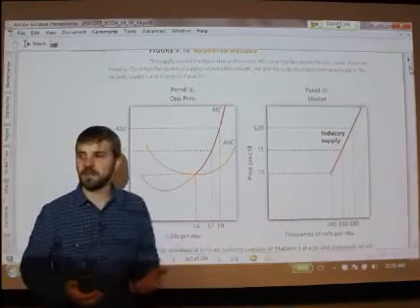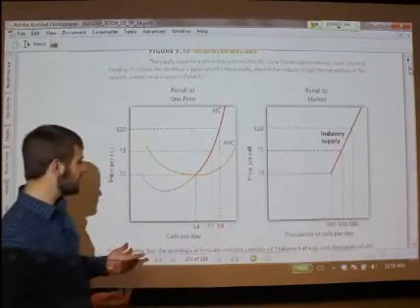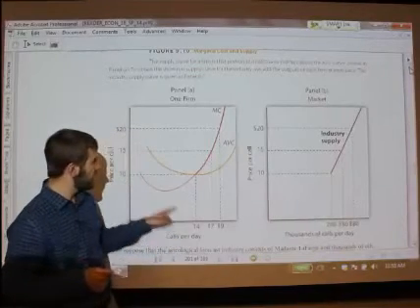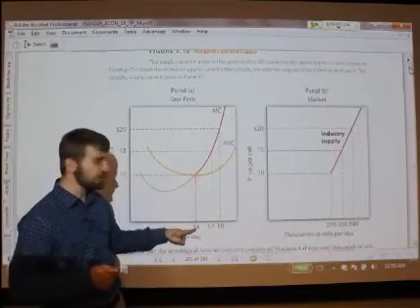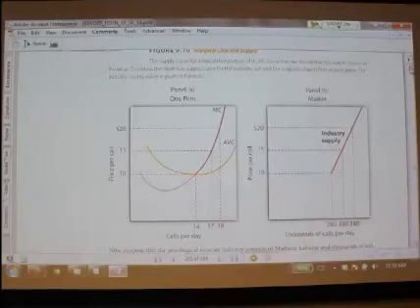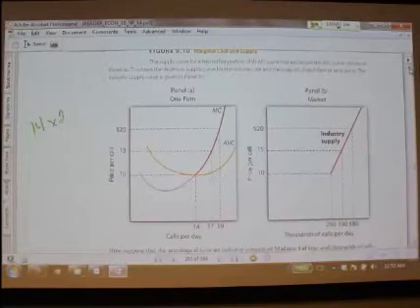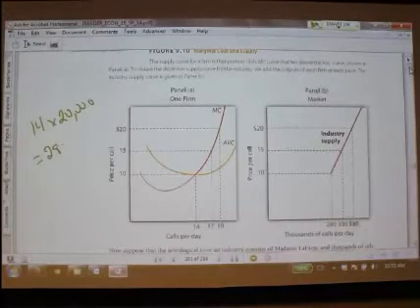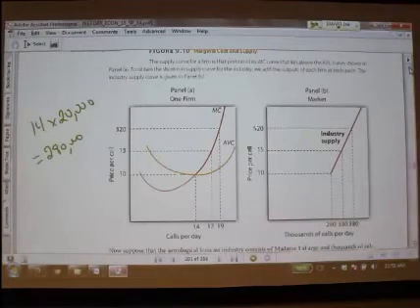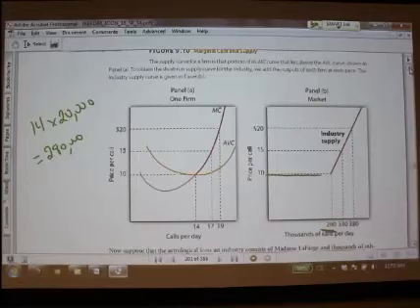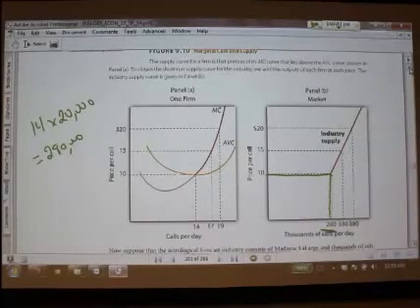If all the firms are identical, and say there are 20,000 firms, and the price is $10, they're each producing 14, what's total output? You have 14 times 20,000. That equals 280,000. And that's what you see right here. So at a price of $10, total quantity supplied in the market is 280,000.